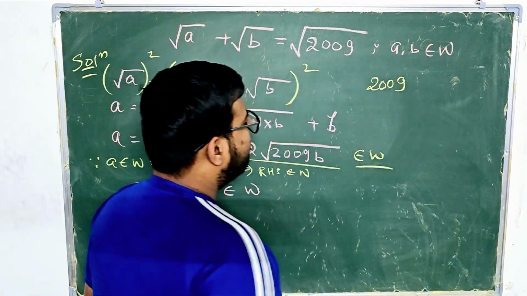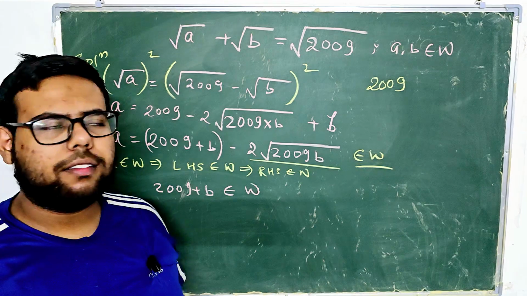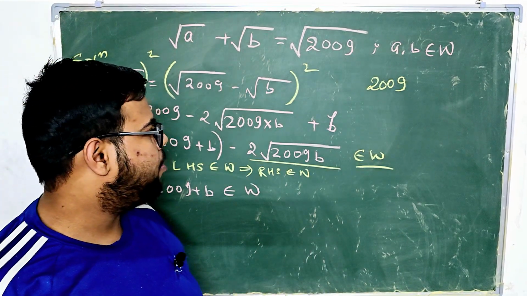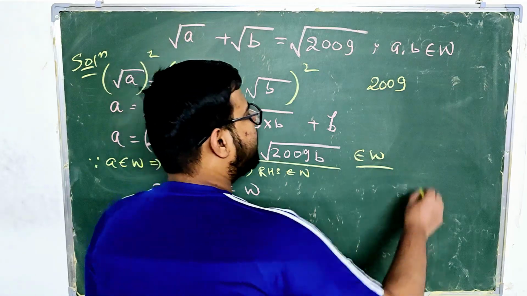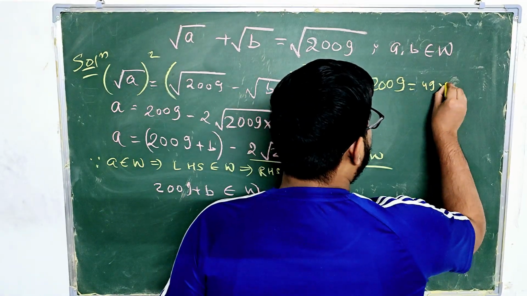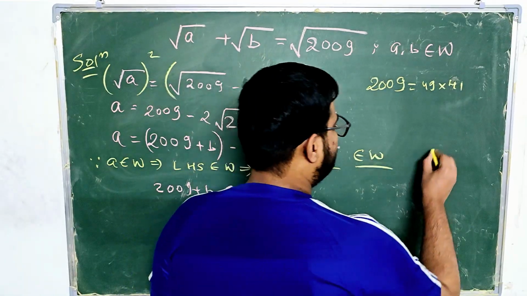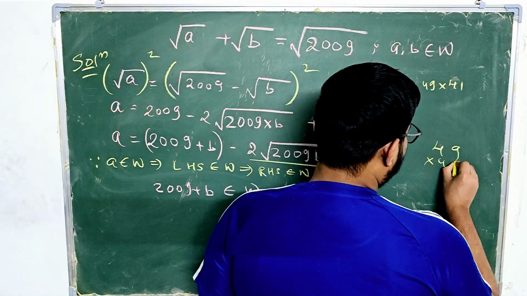2009, can it be further factorized? It is divisible by 7, and if you check further, it is divisible by 7 squared actually. So it is equal to 49 times 41, right? You can multiply also and check. Let me show you if you have doubt.